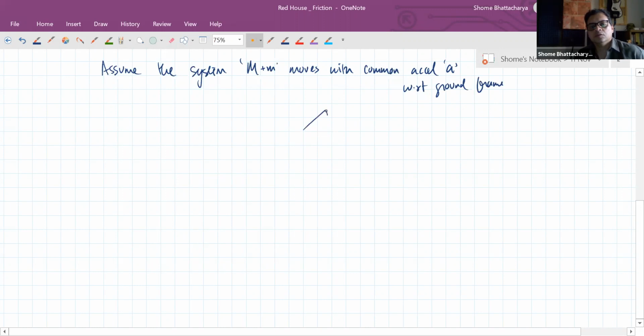Okay. So we are making that assumption now that as we are pushing this with force F, this whole thing is having a common acceleration.